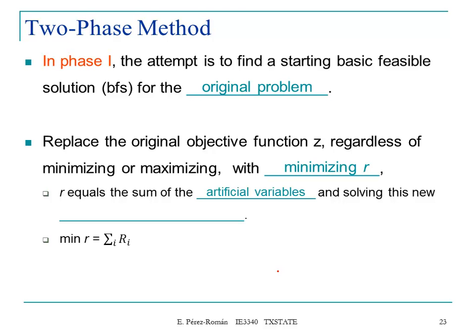R equals the sum of the artificial variables, and solving this new minimization problem, this is our new objective function. So we're going to minimize the summation of all the artificial variables that you're going to need to set up your basic feasible solution for using the simplex method.